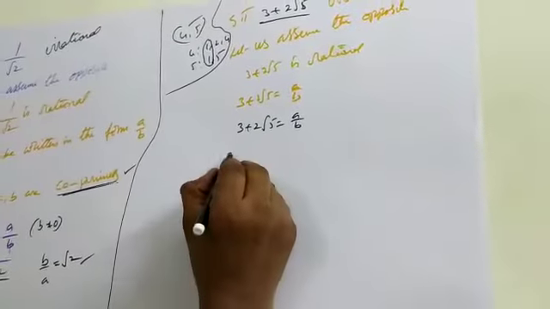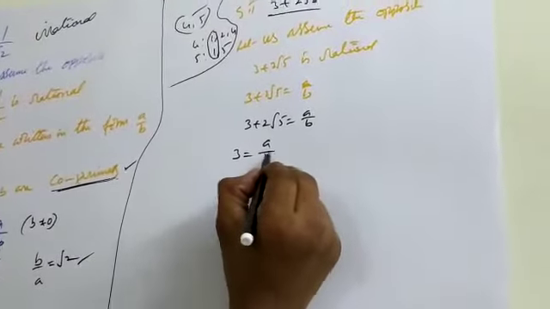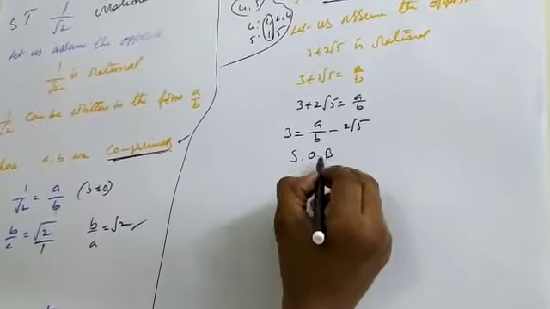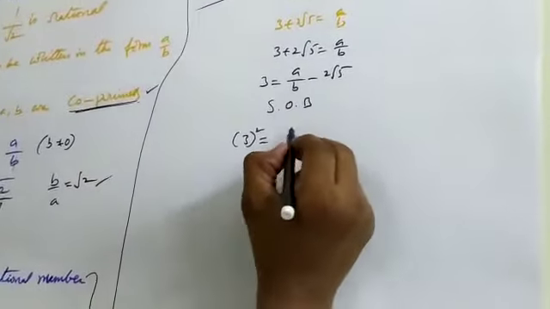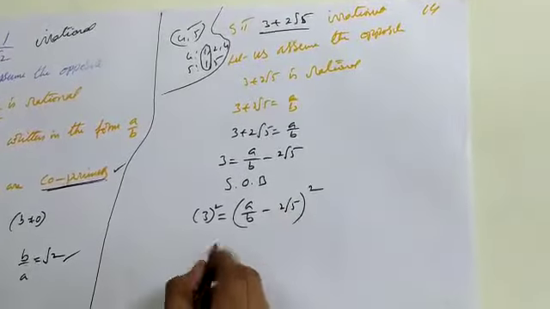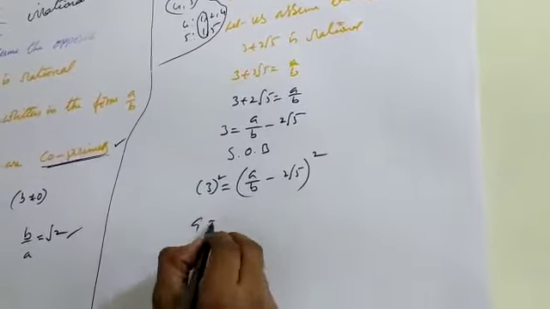See, 3 is equal to a by b minus root 5. Squaring on both sides: 3 whole square, therefore (a by b minus root 5) whole square. 3 square means 9.